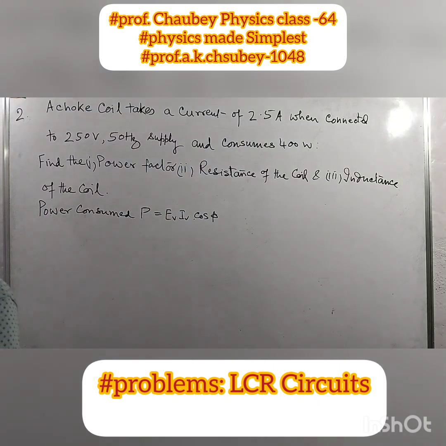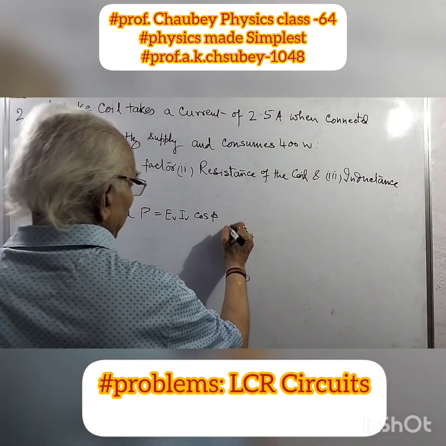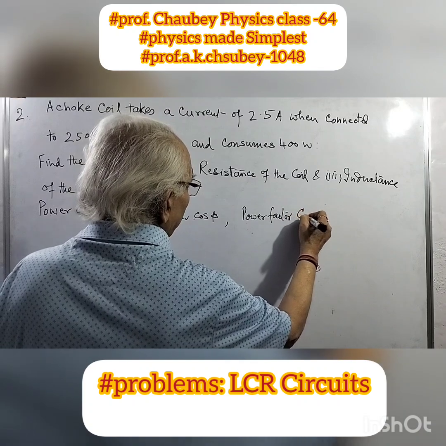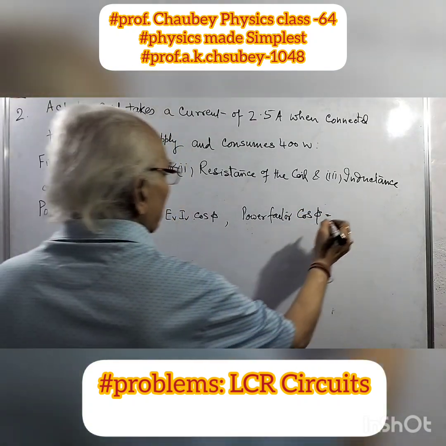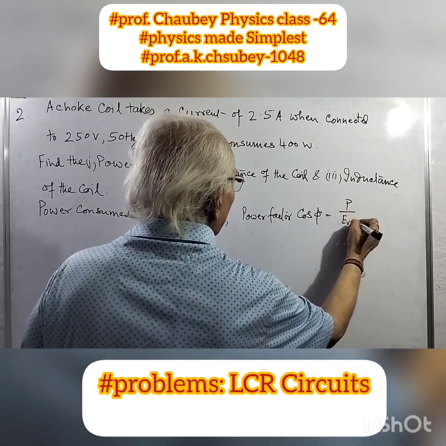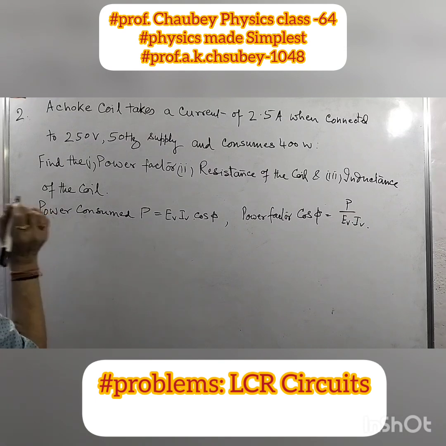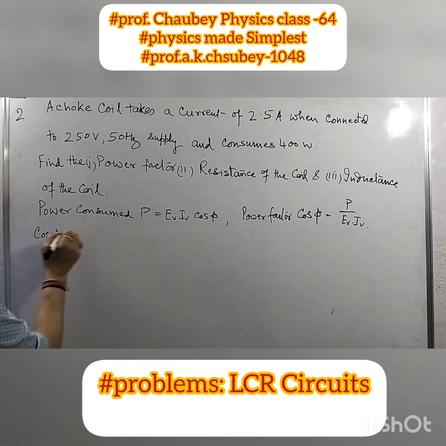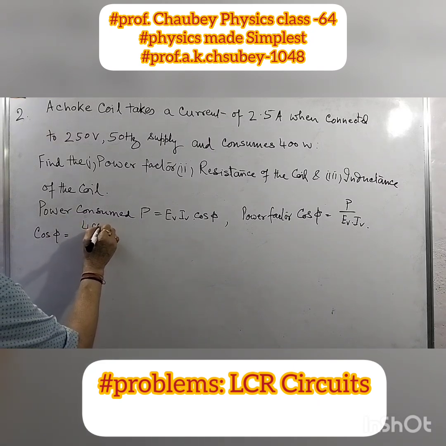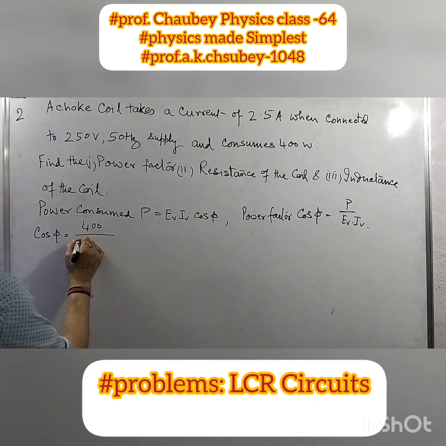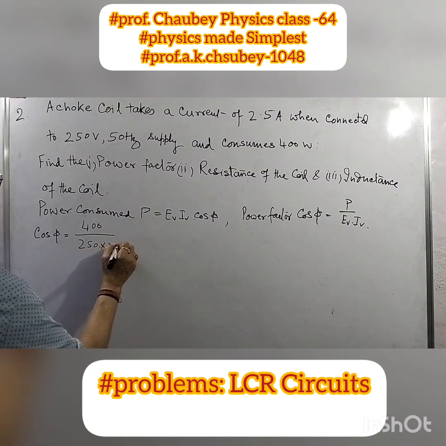So power factor cos phi is equal to P over EV IV. So cos phi is equal to 400 over 250 volt into 2.5 ampere.